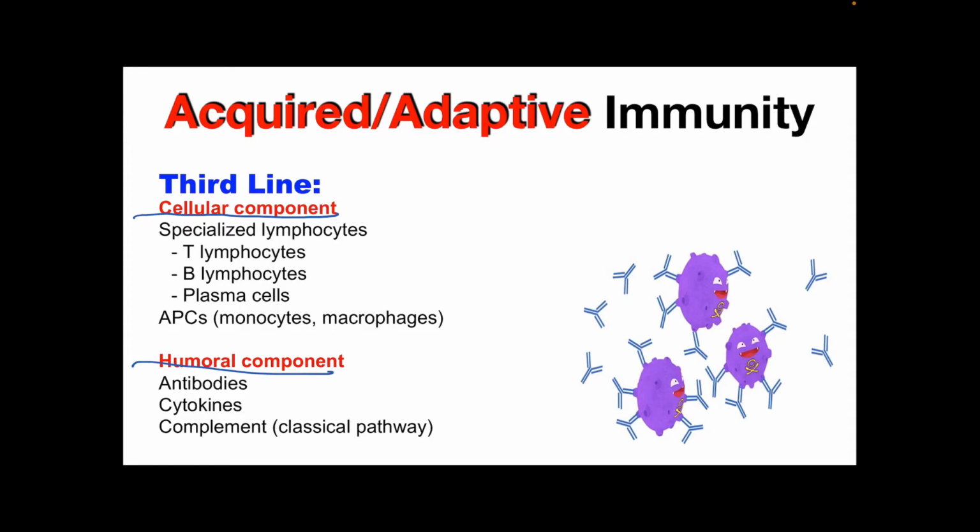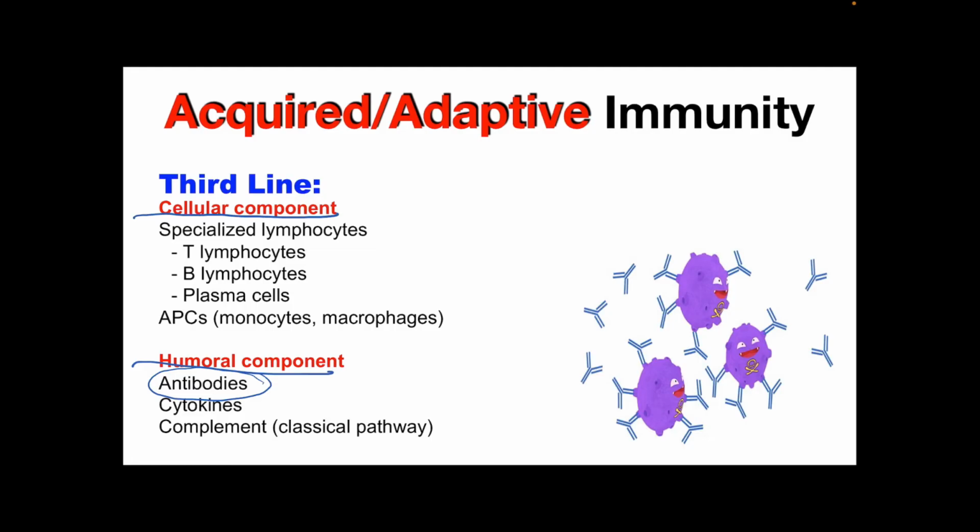So when we say humoral immunity, this is a type of immunity that results from the formation of antibodies. So if a microorganism already overwhelms the body's natural immunity or natural resistance, there is this third line of defense that will come into picture.